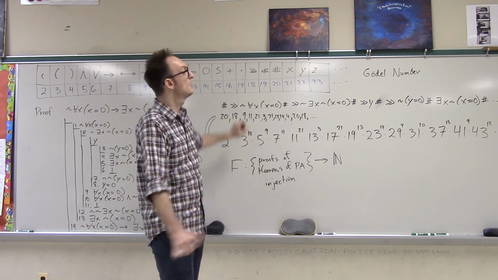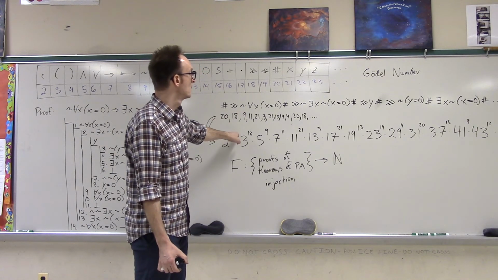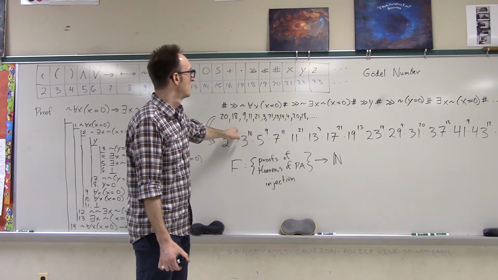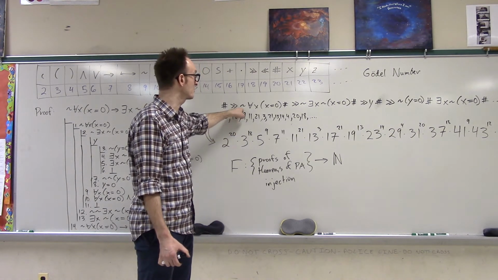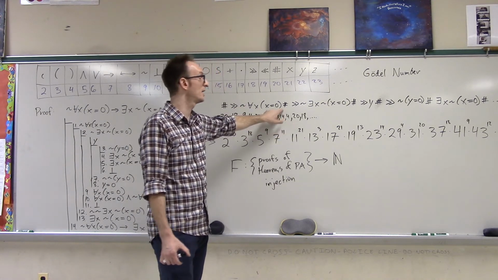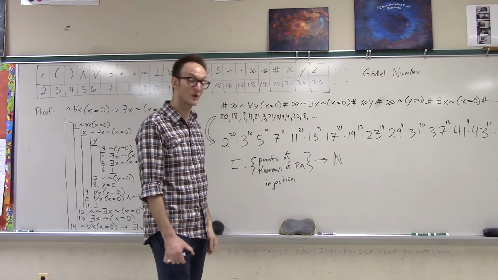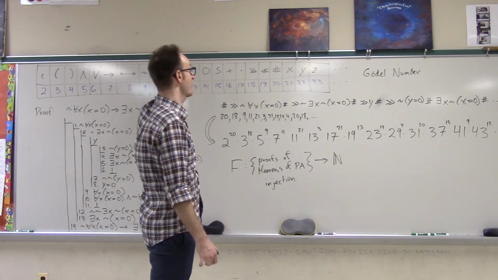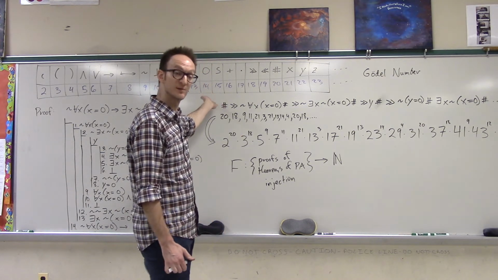Take that natural number, factor it into a product of primes, convert that into a sequence of natural numbers, convert that sequence back into a string of symbols from my alphabet, and then take that as the proof.